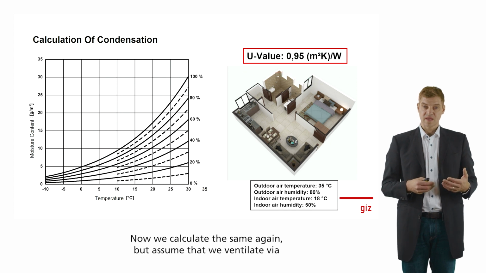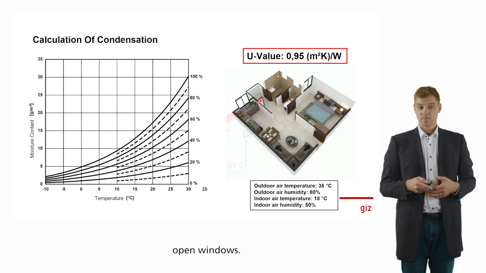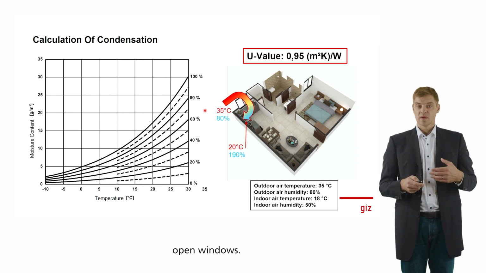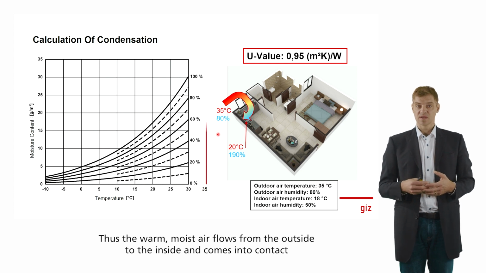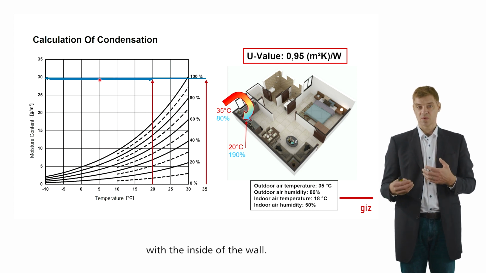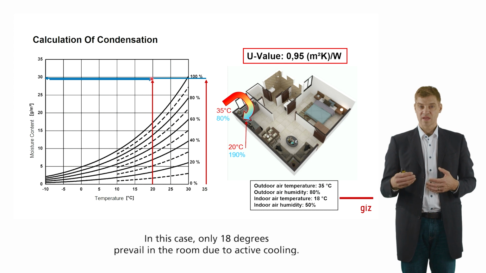Now we calculate the same again, but assume that we ventilate via an open window. Thus the warm, moist air flows from the outside to the inside and comes into contact with the inside of the wall. In this case, only 18 degrees prevail in the room due to the active cooling.